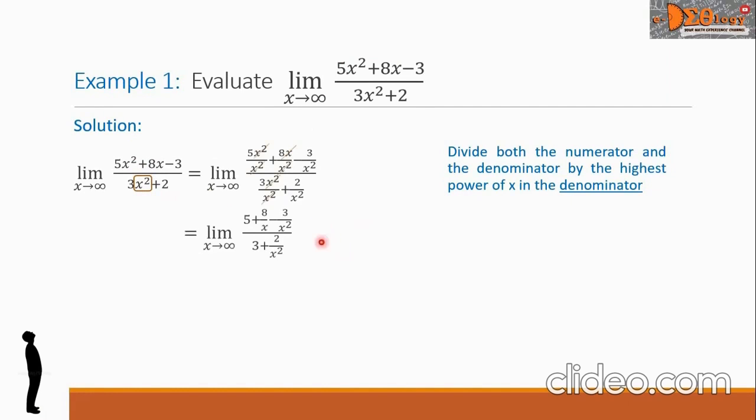So the new fraction will be 5 plus 8 over x minus 3 over x squared, all over 3 plus 2 over x squared. And from here, we are going to take the limit of each of the terms in the numerator and in the denominator respectively. So it will be like this.